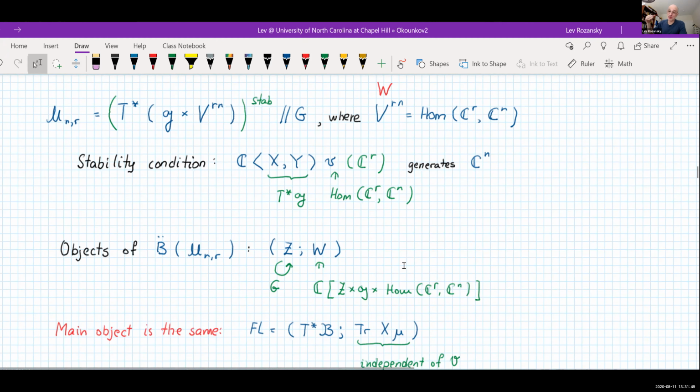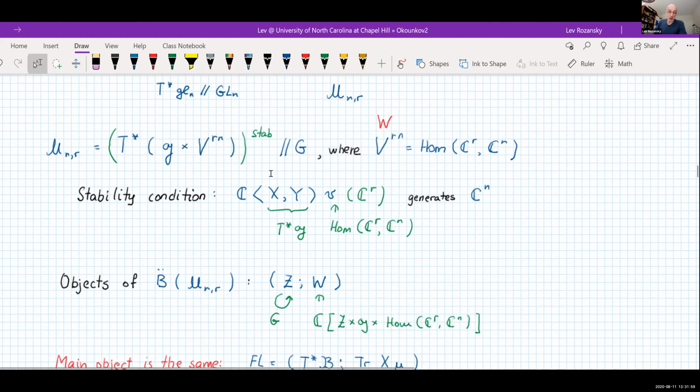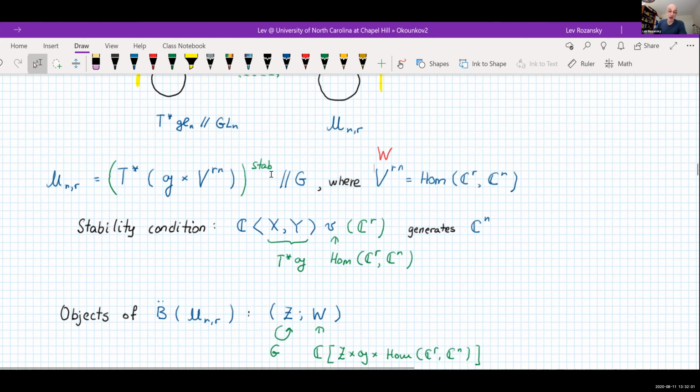That's the source of Koszul resolutions. But we impose the stability condition, and we had previously discussed how this affects the two-category, so we can handle it, cutting out the non-stable part of this cotangent bundle.